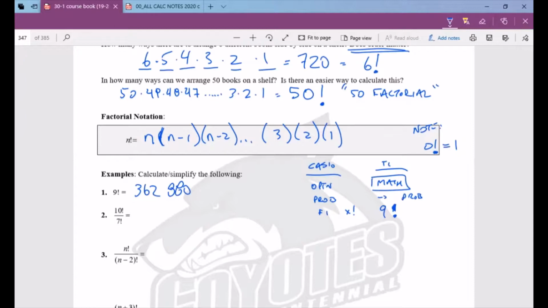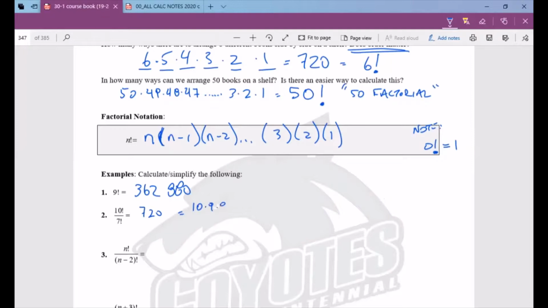Ten factorial over 7 factorial. We could calculate each of those and divide it all out. And you get 720. But there's more to it than that. And what relates to what we're going to be doing in this section is the fact that instead of calculating out 10 factorial and then calculating out 7 factorial, this is actually doable in your head.